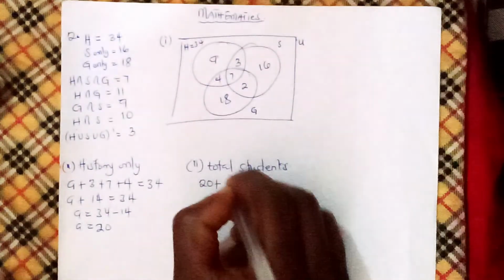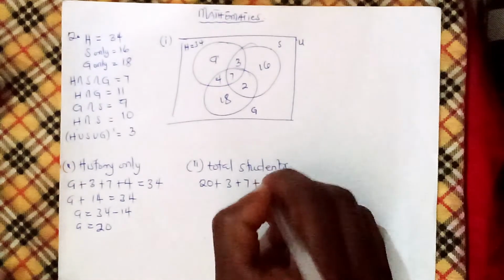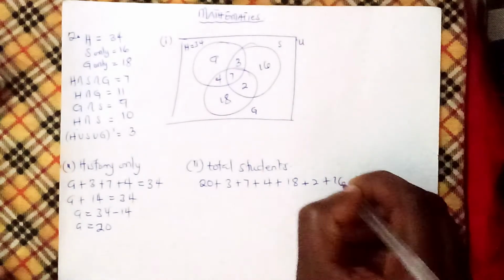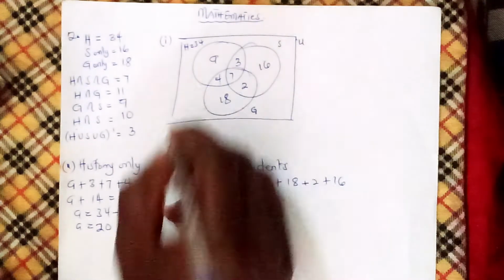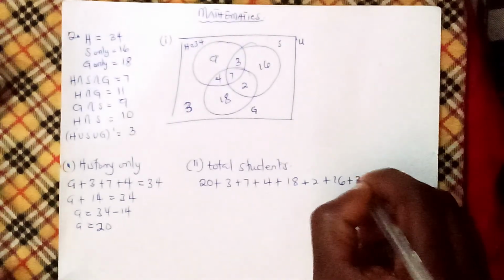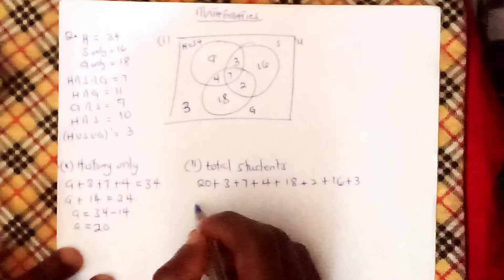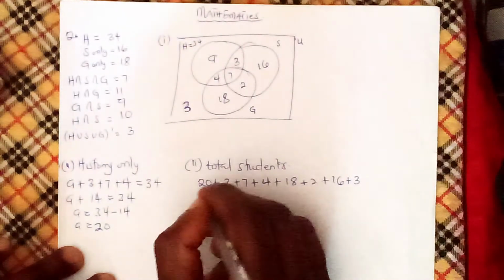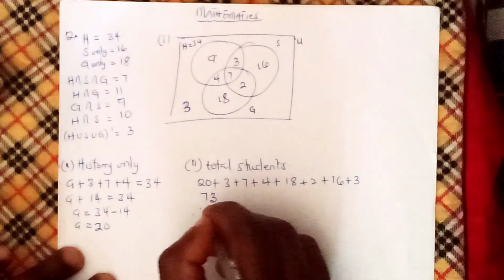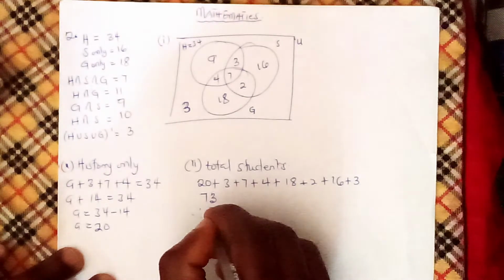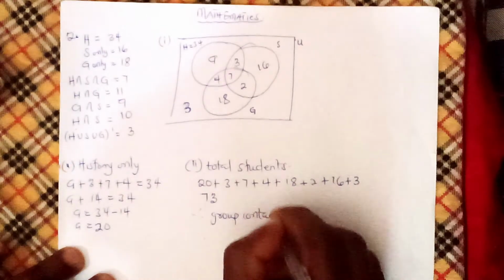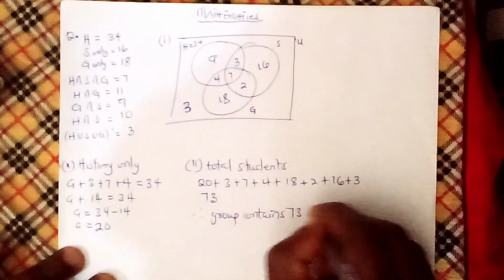So 20 plus 3 plus 7 plus 4 plus 18 plus 2 plus 16. Sorry, I left something out, that's the 3 here, so plus the 3. The sum of all these numbers gives us 73. So the group contains 73 students.